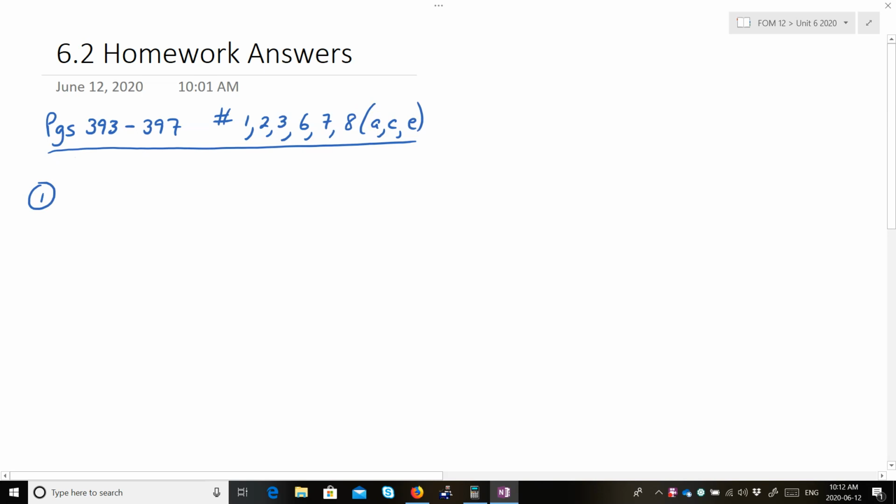Okay, and so we'll start in with number 1, and it says determine the degree, the leading coefficient, and the constant term for each polynomial. And so it gives us a list of polynomials here. The first one is f of x equals 6x squared minus 3x minus 2, and it wants us to determine the degree for each of these.